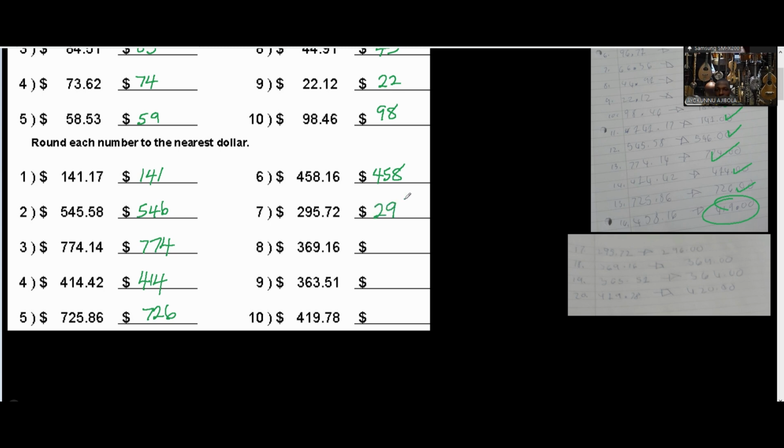So this one is 296. This one is 369. Then this one is 364 because of the 5 there. This is the 419 that changed to 420.